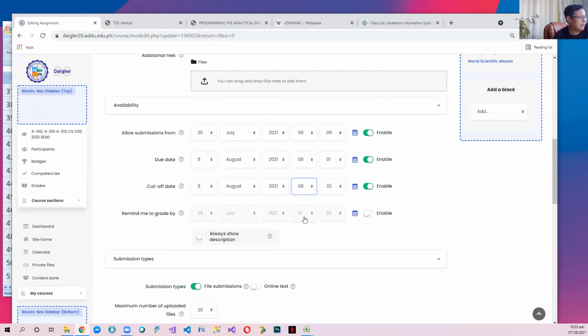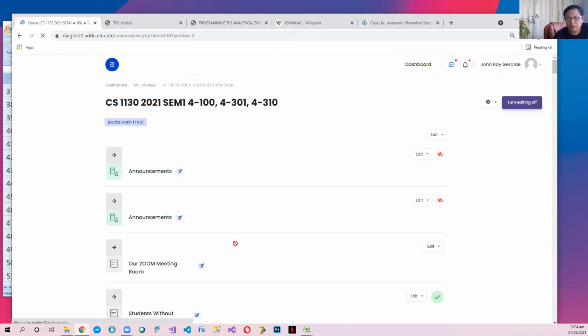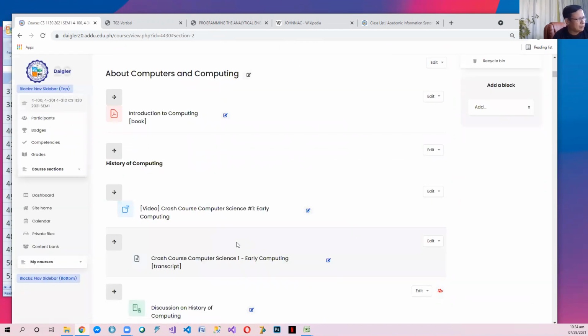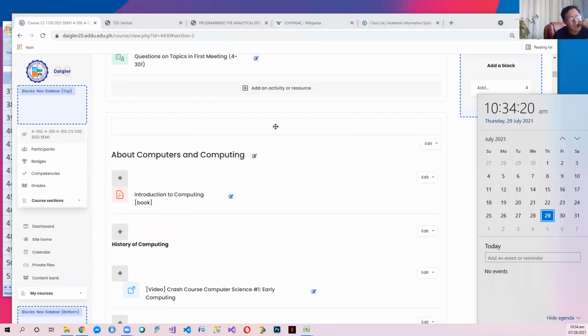I think this is fine. Any questions so far? No. So the deadline for the assignment is August 5. We will meet August 3, to discuss. Because if I'm here on August 3, I can do the orientation here.